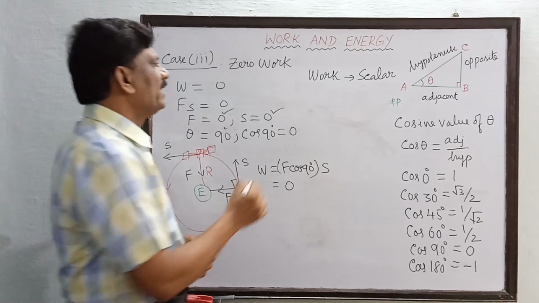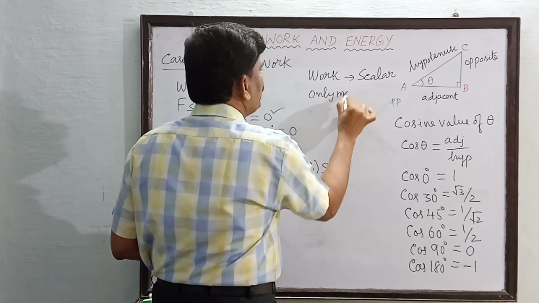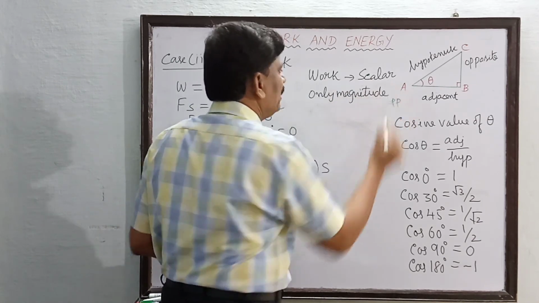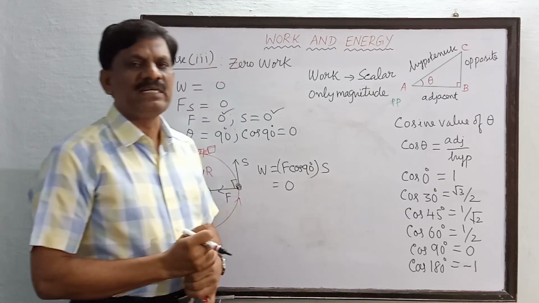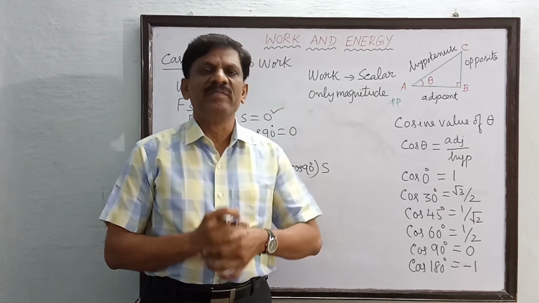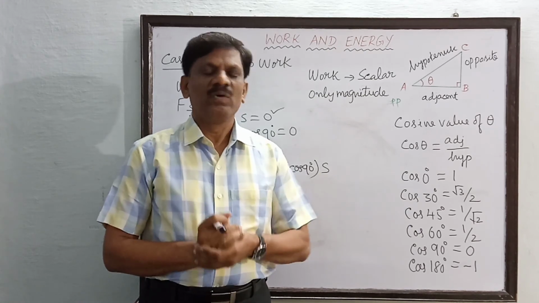That means it has only magnitude but no direction. And the SI unit of work done that we have studied is either joule or Newton meter. Also we must remember that 1 joule is equal to 1 Newton meter. Okay, fine students.